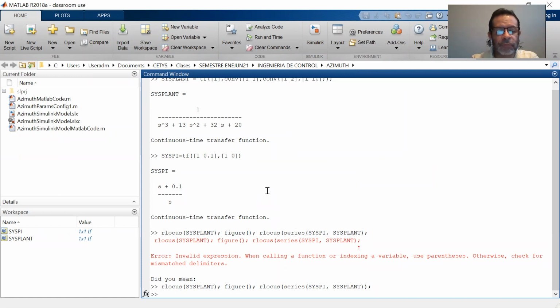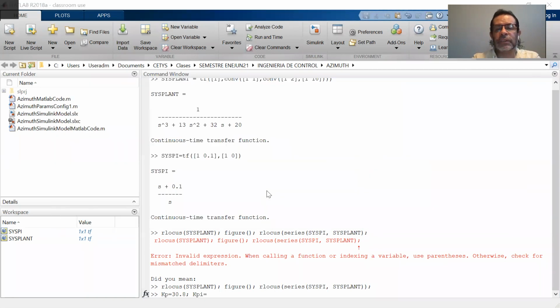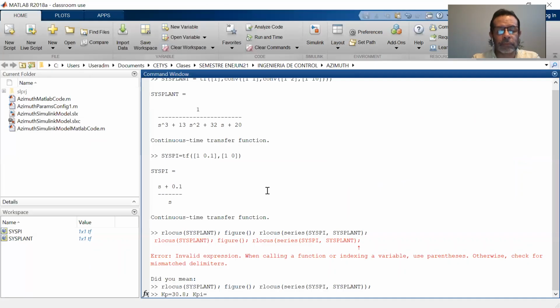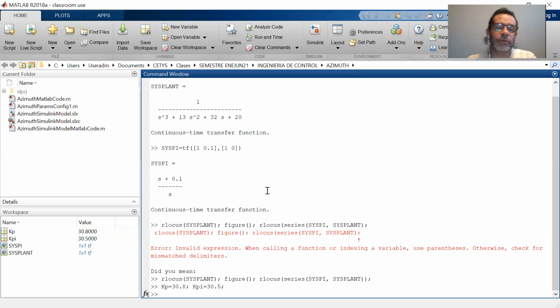So first I'm going to call it KP, and it is going to be 30.8. And then I'm going to say that KPI is going to be, what did we say, 30.5. Okay, we've got those two values.